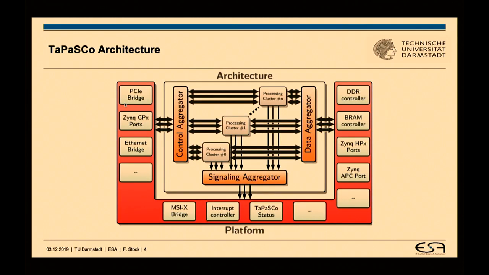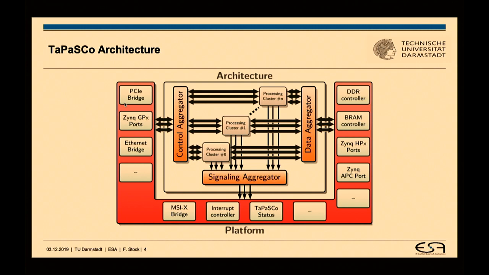The general architecture, and this is the main feature of it, is that TaskTabasco provides all this red-marked environment and infrastructure available on the platform. The idea is that the user, who now wants to instantiate different kernels, doesn't have to care about this infrastructure.